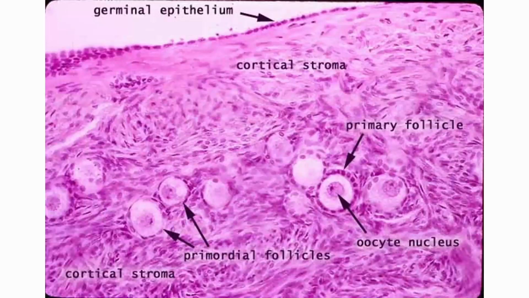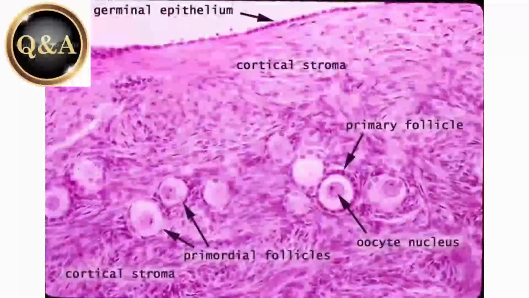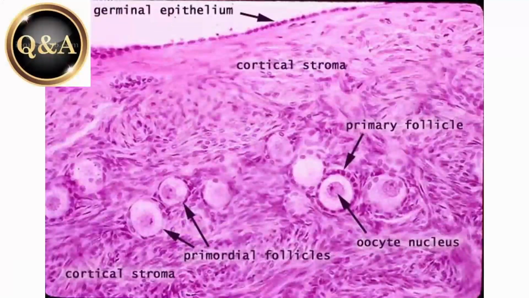What is this view? It is a true histological section of the cortex of the ovary. What can I see in this section? If you notice the follicle inside this yellow circle, you can find a clear cytoplasm, a whitish area, and the nucleus is in the middle.